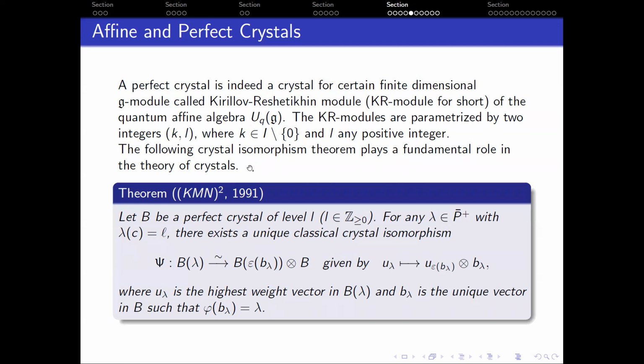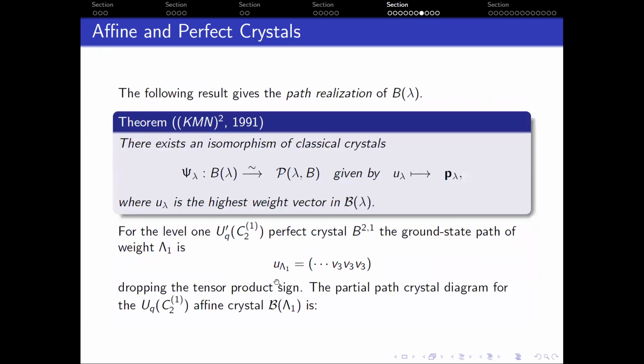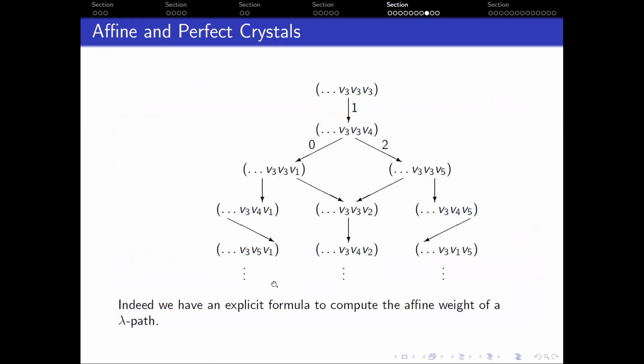Using this perfect crystal, we could prove the so-called path realization, which describes an affine crystal as a tensor product of perfect crystals. We showed in particular this isomorphism, and that led to a path realization.